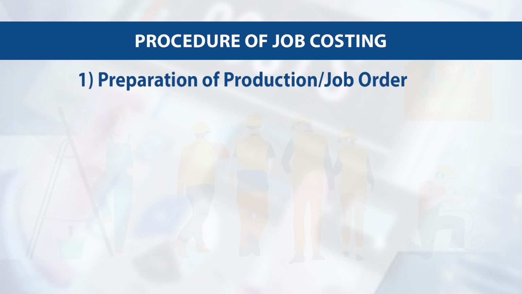The procedure of job cost accounting involves well developed steps which are: number 1, preparation of production or job order. A production or job order is a written order issued by the production and planning department to the manufacturing department to proceed with a job.